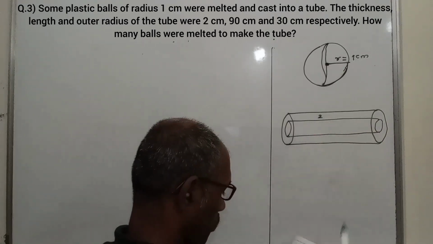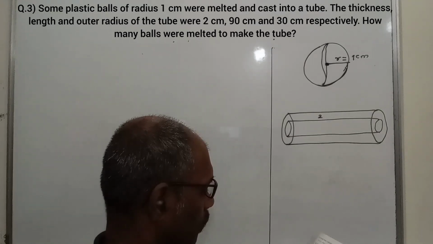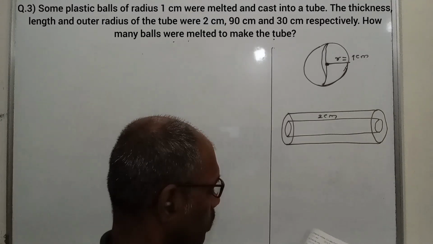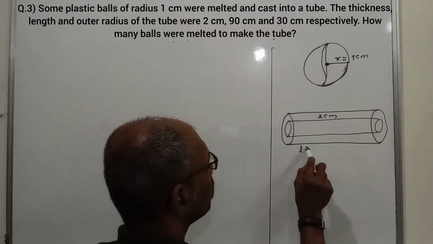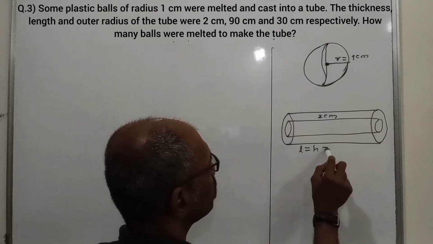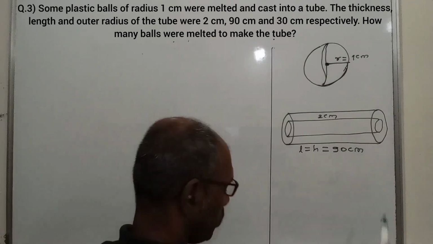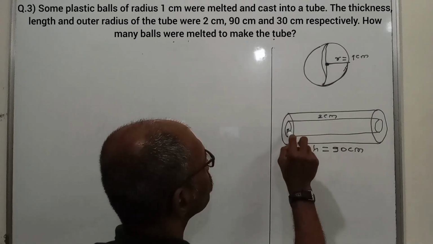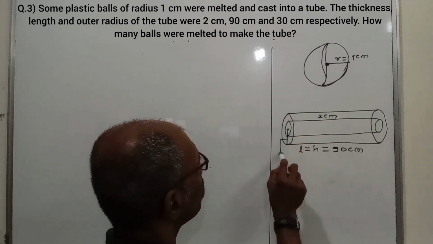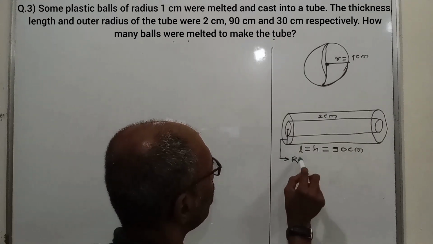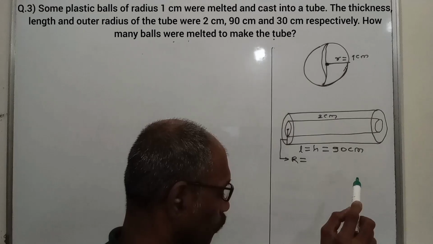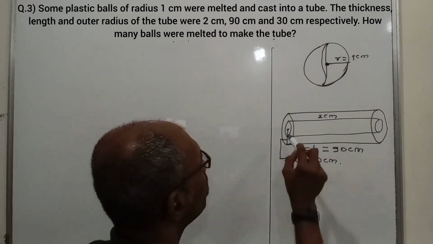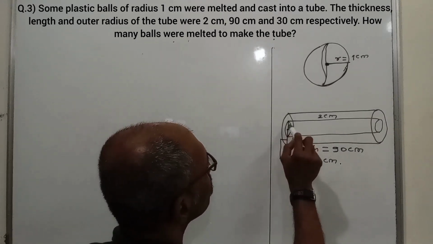Now this thickness is 2 centimeter, and the length, then length is nothing but height, 90 centimeter, and the outer radius, I will write here capital R, is given as 30 centimeter. Then we want this inner radius.